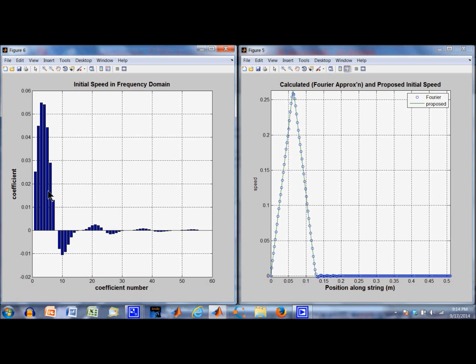I show this representation in the frequency domain because in theory, and actually in practice too, you could just pick one of these harmonics, feed it to the simulation machinery, and get a response out. You could do it for all these different harmonics separately, and then add up the results, so you get the same thing as if you would do them all together.